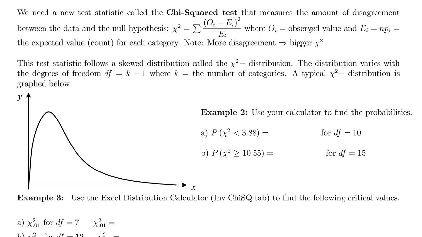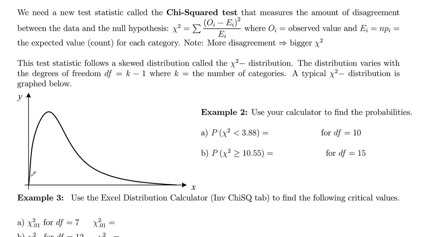And the expected count is the total number of observations times our hypothesized proportion. That's what we would have as the expected value for each category that we're considering. So this chi-squared test statistic follows a skewed distribution. It looks like this.